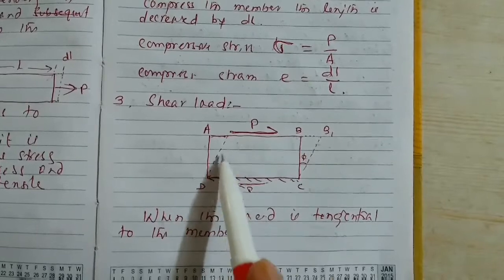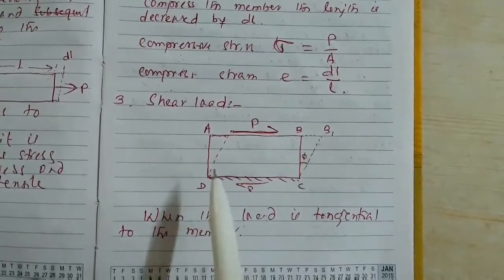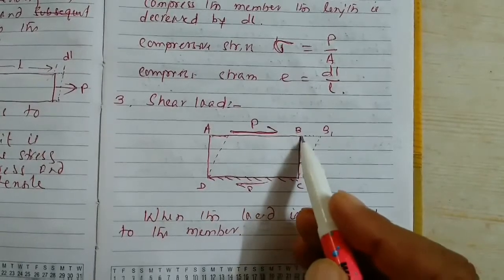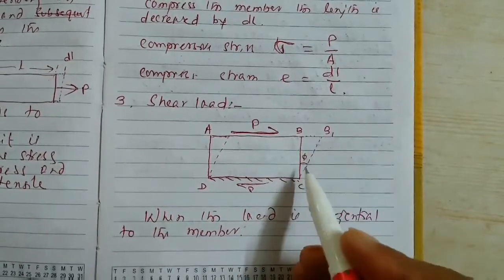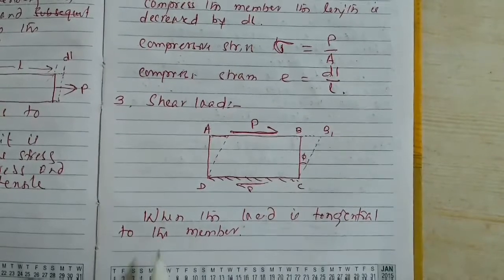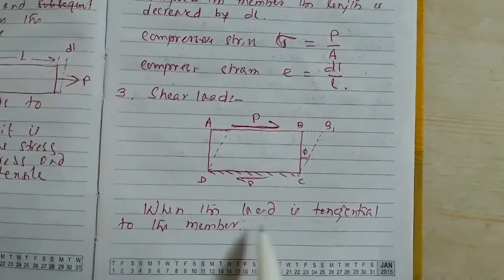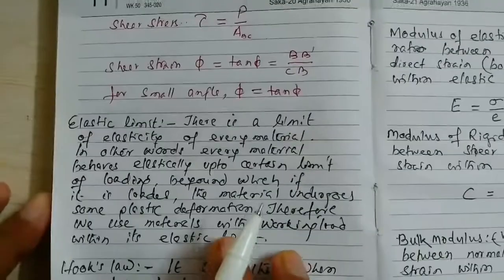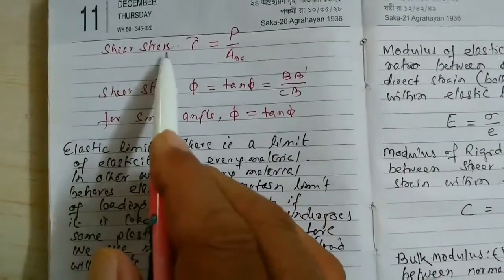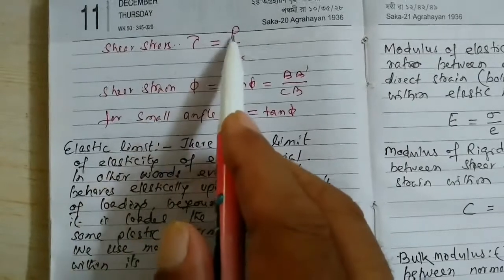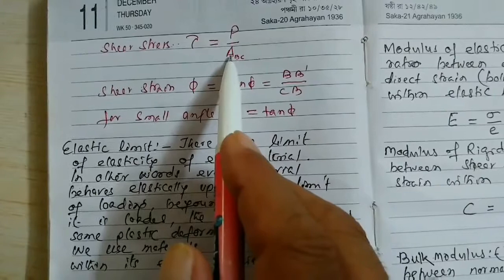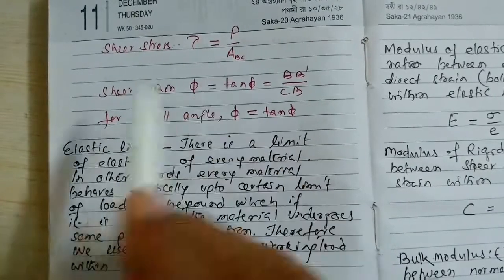A, B, C, D will become A1, B1, C, D1. This deformation is B moving to B dash, and the angle will be phi. So when the load is tangential to the member, the shear stress tau will be P by the area of the surface on which the load is tangential.